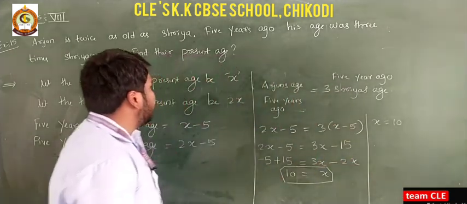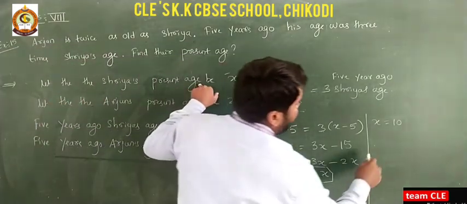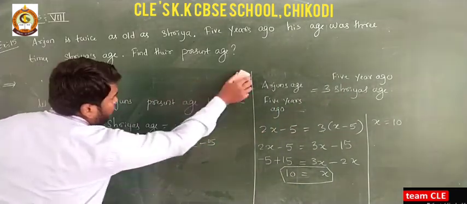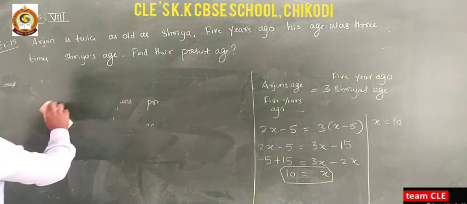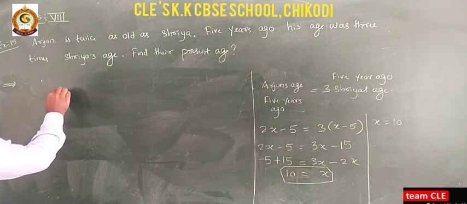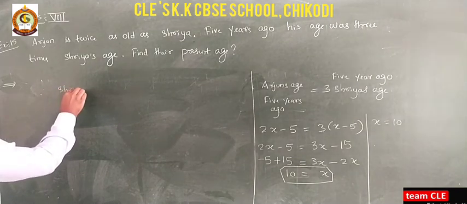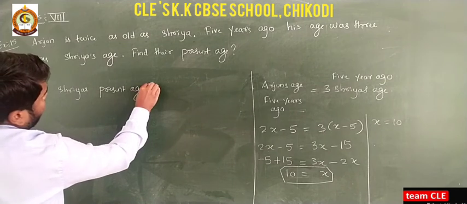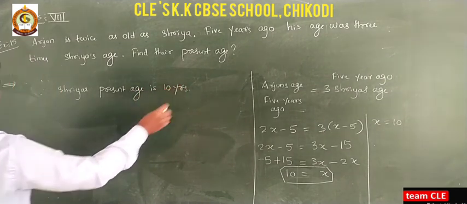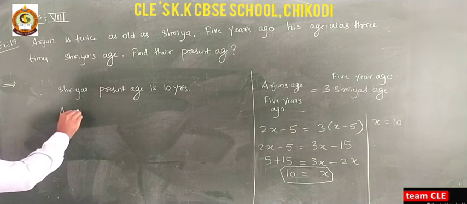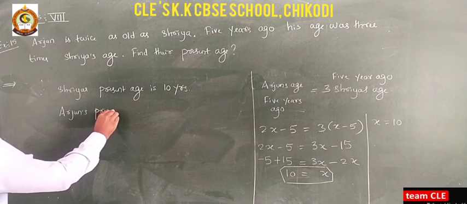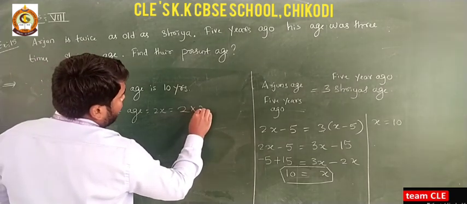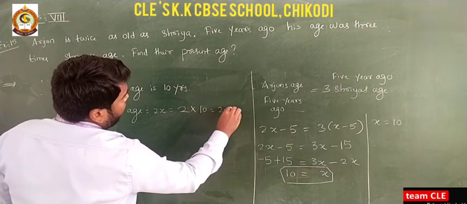If x is equal to 10, this is the present age of Shreya. Therefore you can write the conclusion: Shreya's present age is 10 years, and Arjun's present age is 2x, which is 2 into 10, which is 20 years.